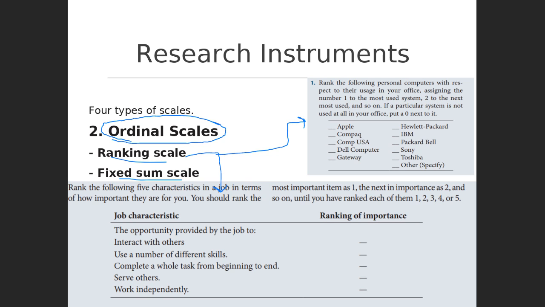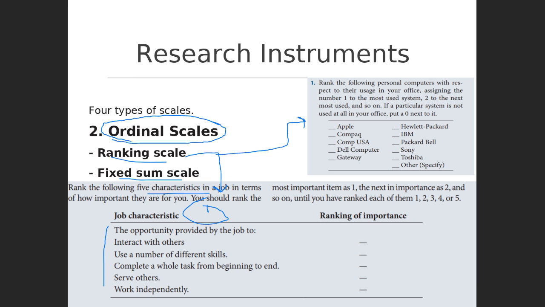For instance, this is the first example. The respondents are asked to indicate their preference by ranking the importance they attach to 5 distinct characteristics in their job. So, there are 6 characteristics, I would say. These are the characteristics that they need to rank in terms of importance.